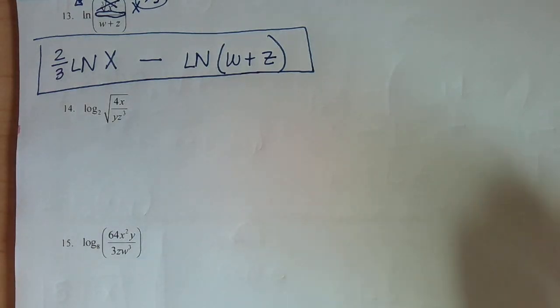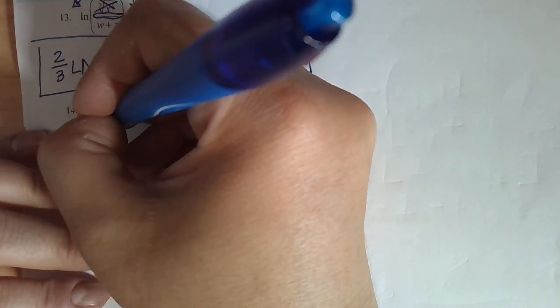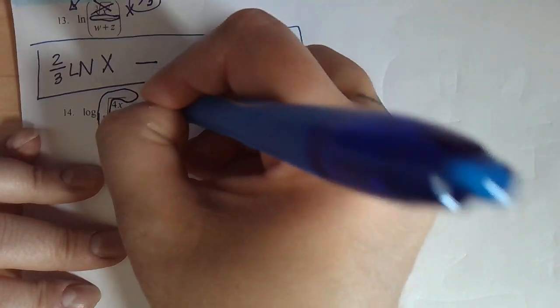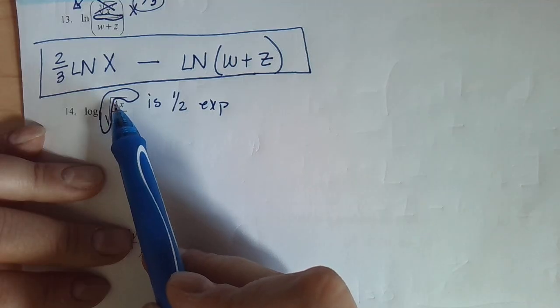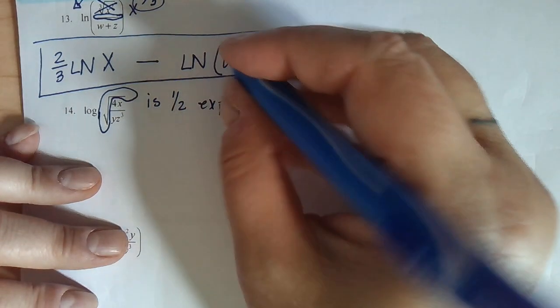let's go to 14. First of all, this square root thing is a 1/2 exponent, but it's not just a 1/2 exponent for the 4x, it's the 1/2 exponent for everything.